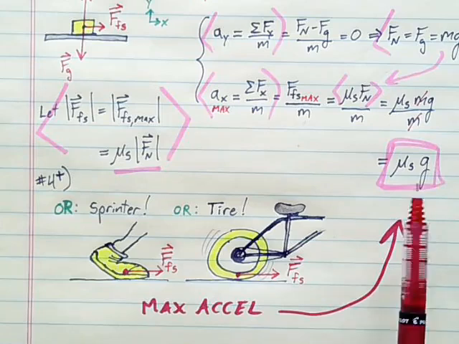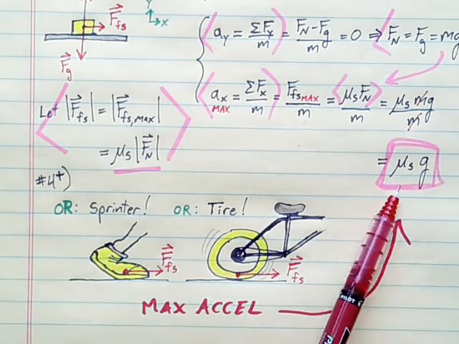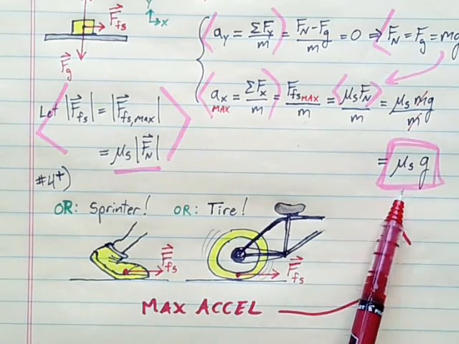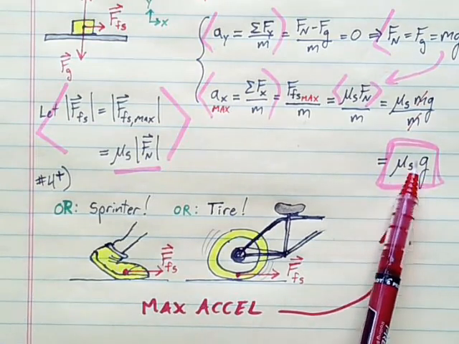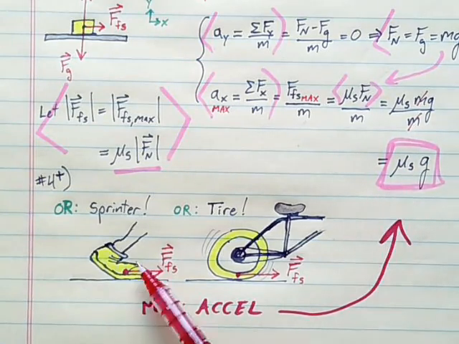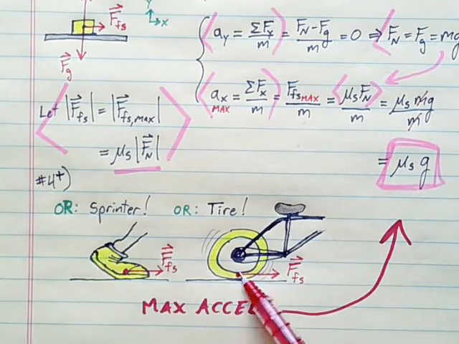So this is your personal maximum acceleration when you are running. It does not depend on your mass, it doesn't depend on the mass of the bike or the car. Your acceleration is entirely dependent upon that coefficient of static friction right there. So all that matters is the material that the bottom of your shoe or the bottom of your tire is made of.